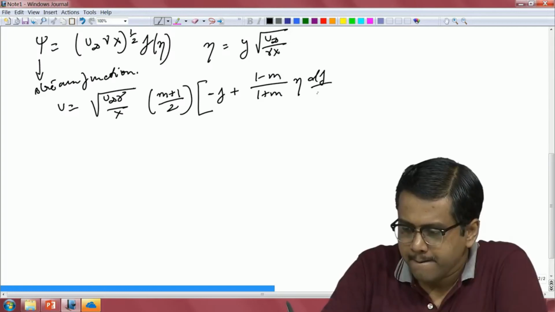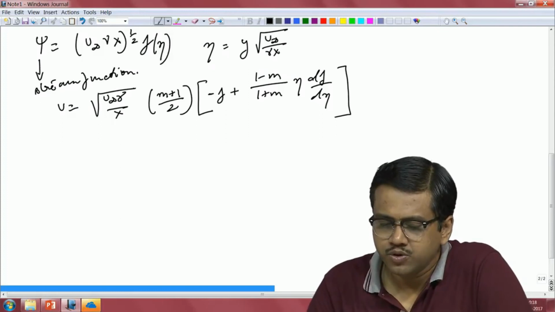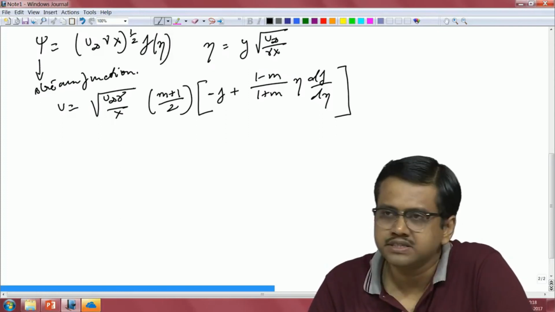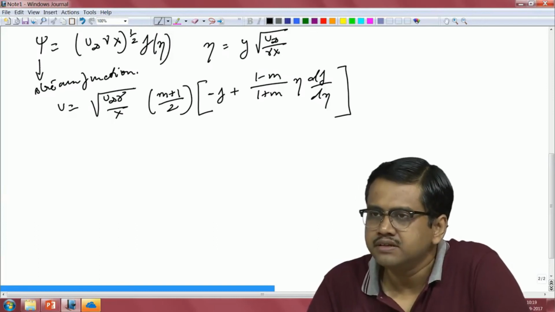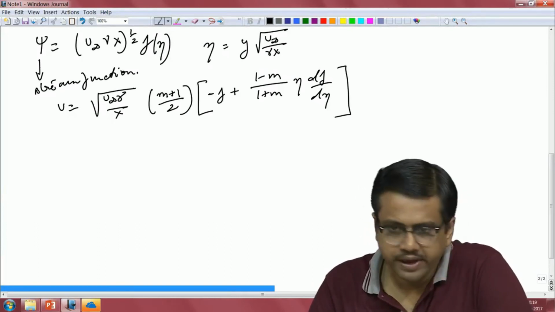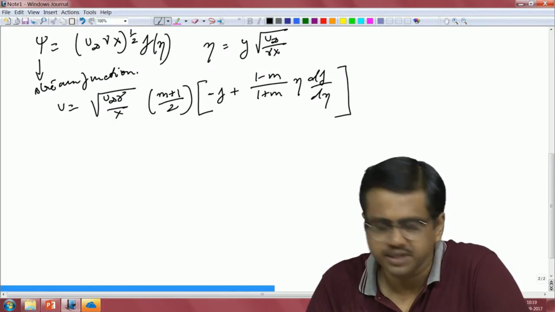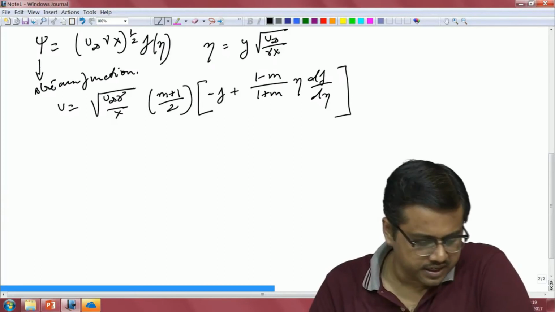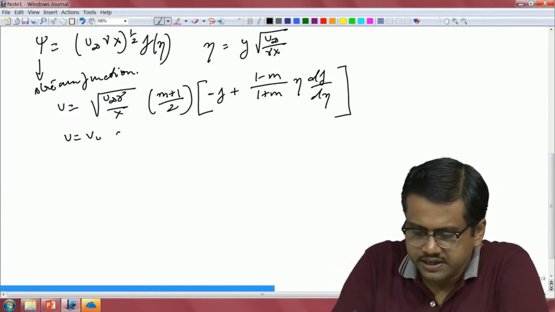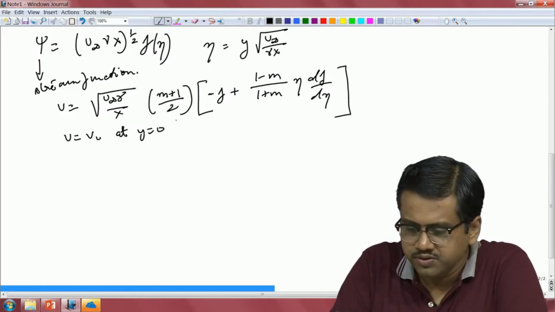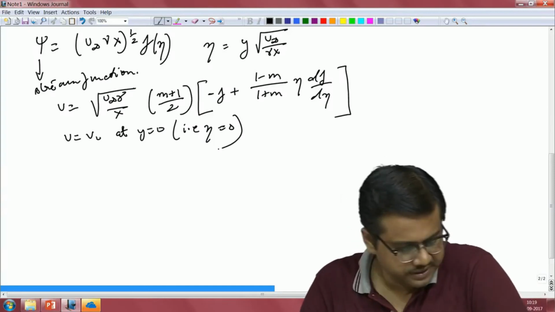As you know, v is nothing but the differential of psi with respect to x, psi being the stream function. This is exactly the similarity solution that we did earlier. But v now is equal to v naught at y equal to 0, which means at eta equal to 0.